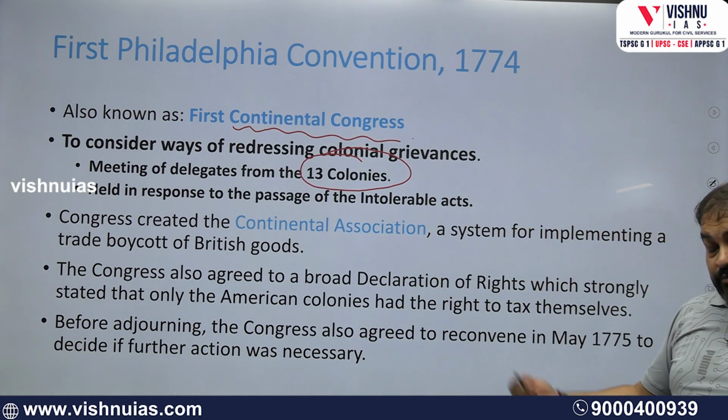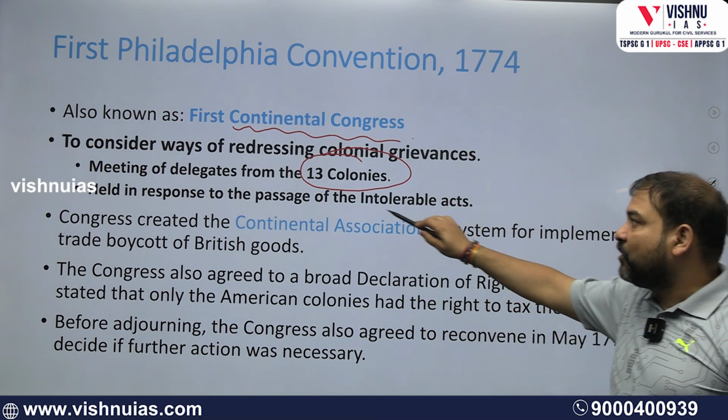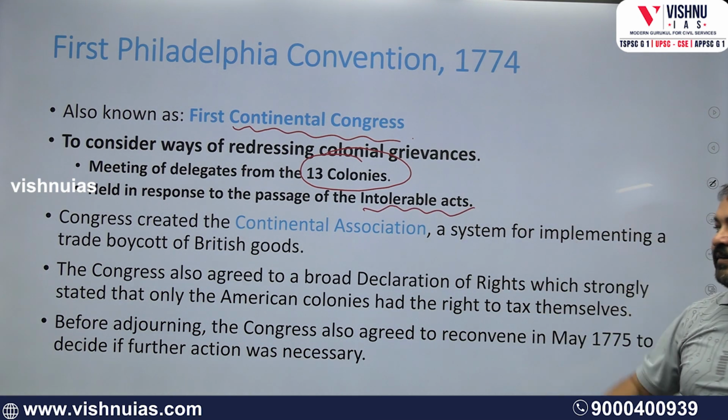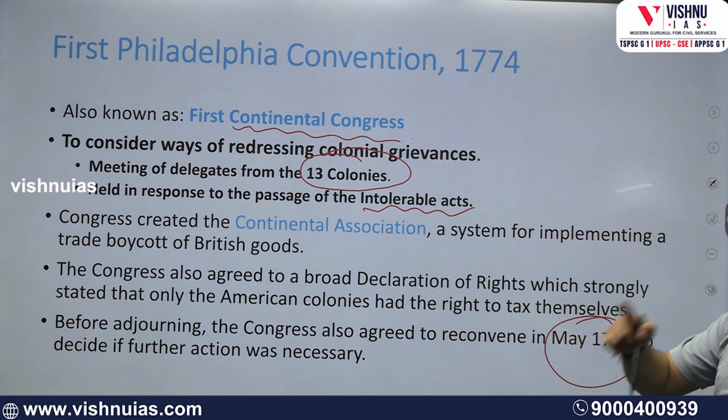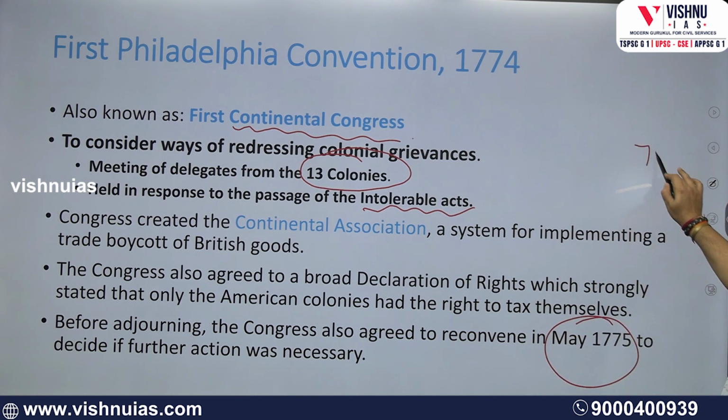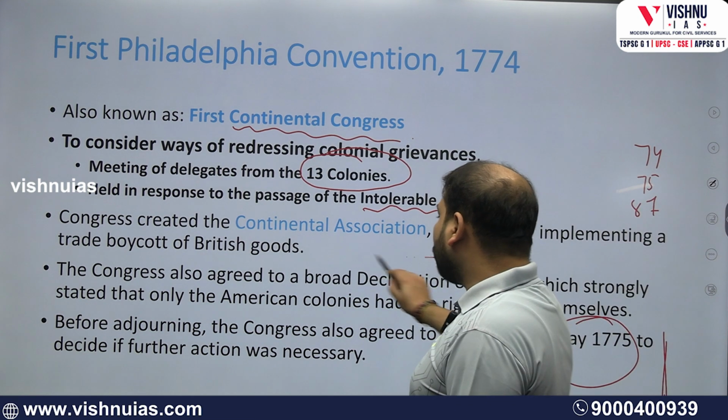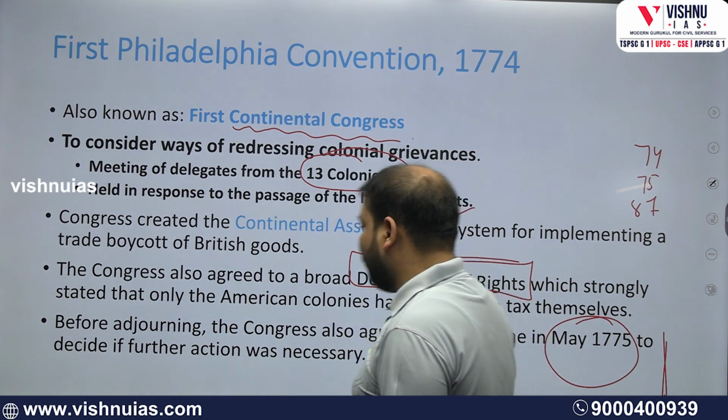And why is it being organized? Because of the Intolerable Acts that have been passed by whom? By the British government. What they are saying is, we'll meet again next year. That's why I said there are 3 conventions, 74, 75 and 87. They are saying if future action is needed, we will meet again next year. In the meantime, they prepared what all rights they must be having.